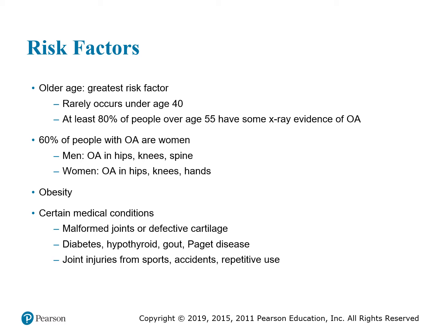Risk factors. So what makes us at risk? Rarely occurs under the age of 40. At least 80% are over age 55 or older. 60% of people with OA are women, because we bear more weight in our hips and knees, where men bear more weight up in their upper trunk area.